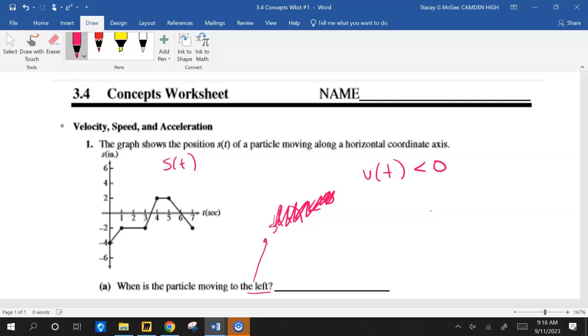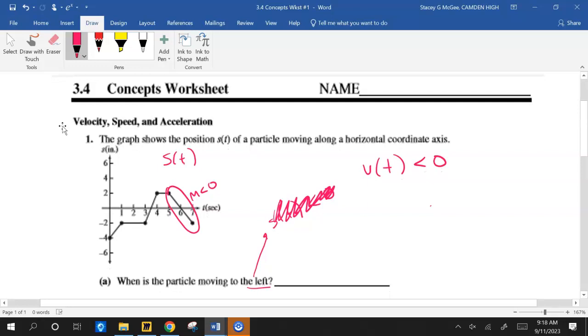That's going to tell me when it's moving to the left. From 5 to 7. What are you looking at? You're looking for velocity, which is the derivative, which is the slope. So here the slope is negative, which means the velocity is negative, which means I'm moving to the left. So from 5 to 7.